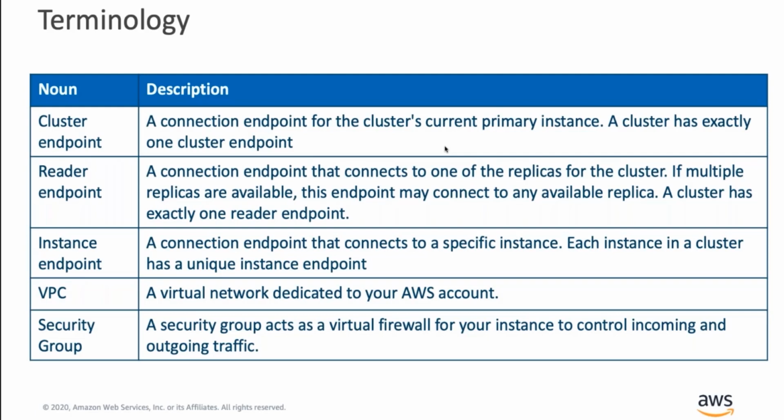You're essentially carving out a network in the AWS network and then controlling access to it. And then security group, you can think of as a virtual firewall. So if you're thinking about opening up certain ports or closing down certain ports or accepting traffic from certain IP addresses or blocking traffic from certain IP addresses, all of those controls are actioned through the security group.